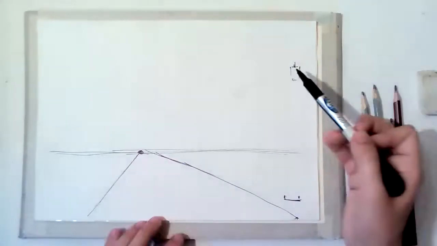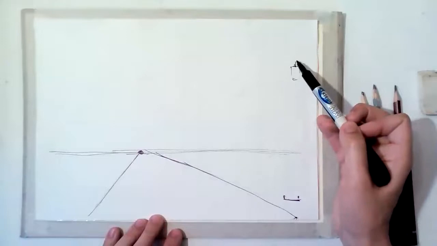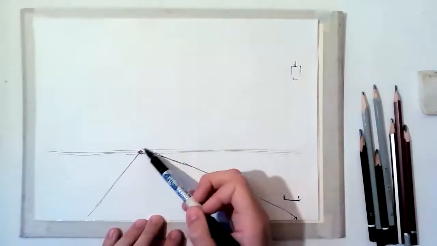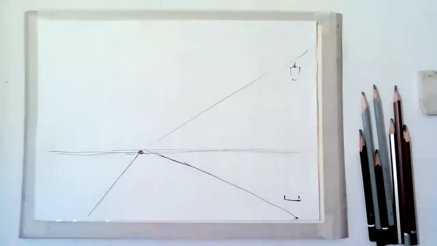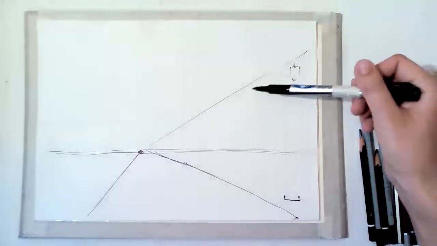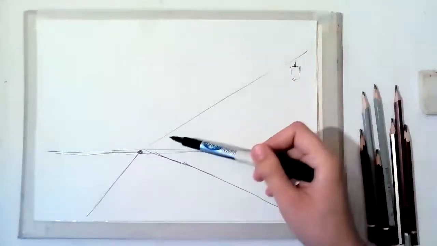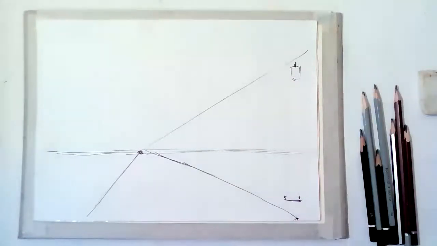Then the easy way: from the top of the street lamp, very lightly, because this is just a construction line, I go again to this point, and everything is done. All the rest of the street lamps will just follow this line, because in real life they're all the same size, the same height, and they're standing parallel. So the same will work for the trees.